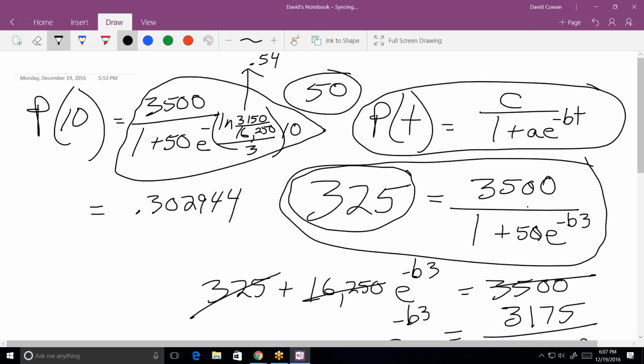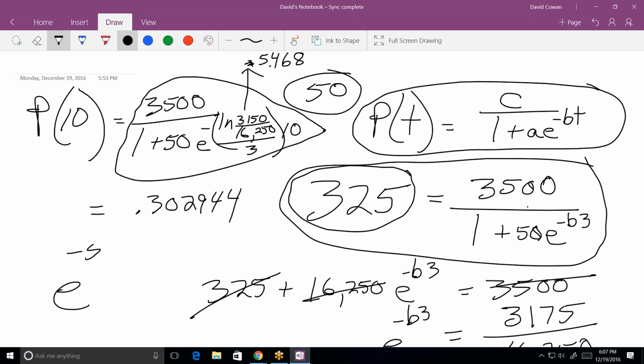Okay, and then we got to multiply that by 10, so it becomes 5.468. And now we're taking e to the negative that number. So what is e to the minus 5.468? 0.004216.